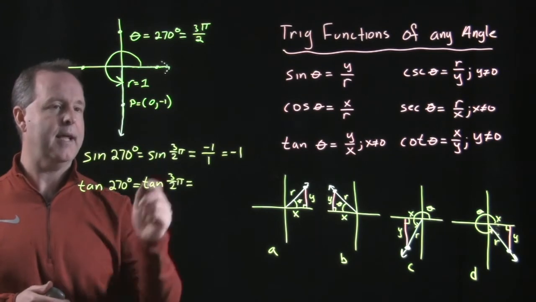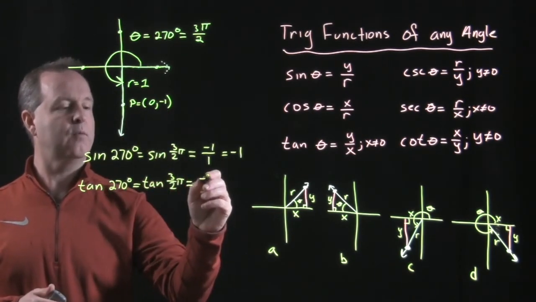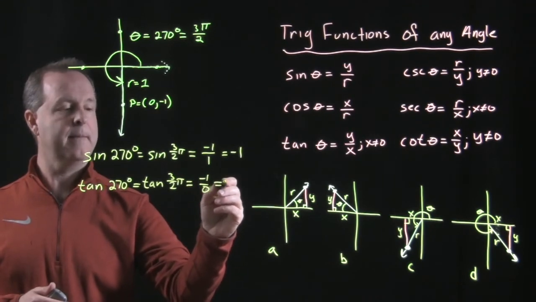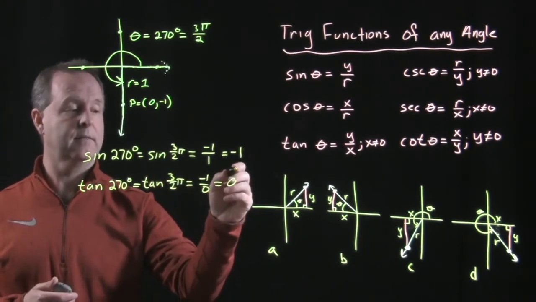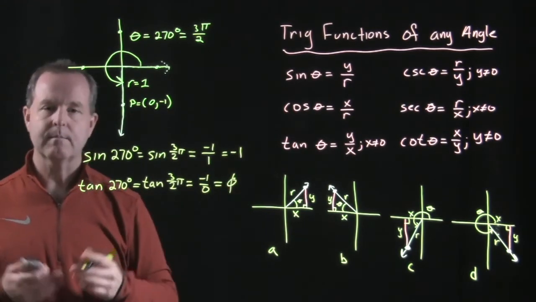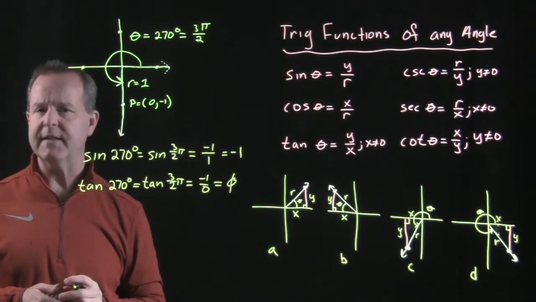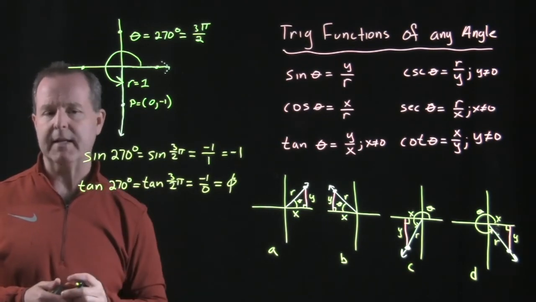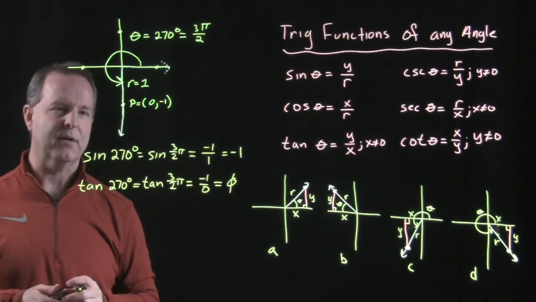At that particular case, the ratio at that point is -1 over 0. And as we discovered before, at 90 degrees, that's undefined. Be kind of curious if you want, just why don't you see if you can find the tangent of 270 degrees in your calculator, or the tangent of 90 degrees, and see what happens at that particular case.